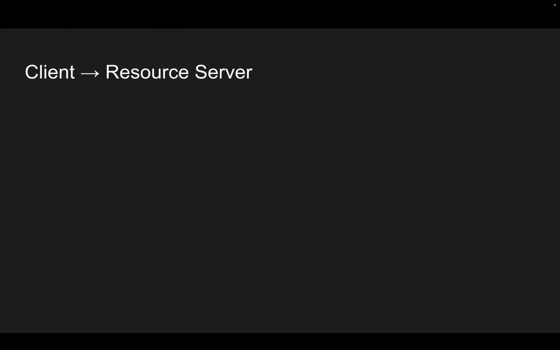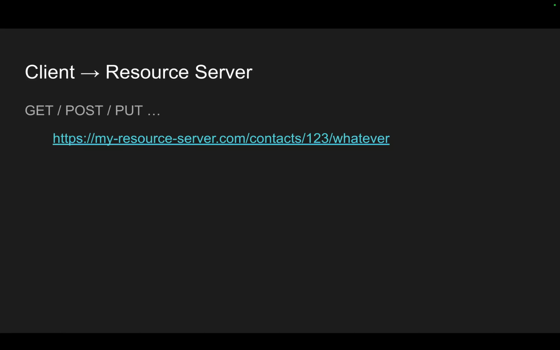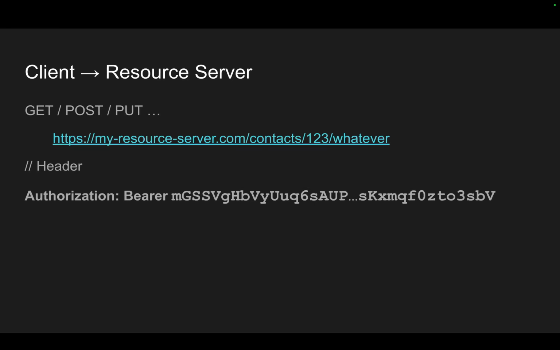Now, in order to tell the resource server that the request has all the permissions related to the request, we need to send one access token to the resource server from the client server. So let's say we are trying to send any get, post, put, delete, any kind of request to this URL. In order to send access token, we need to include that in the header.